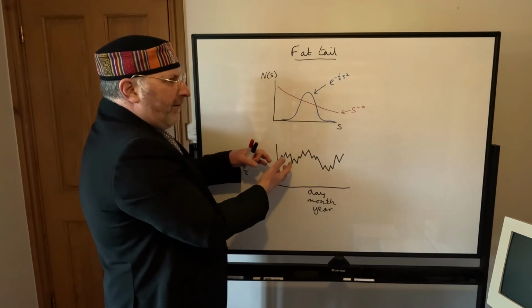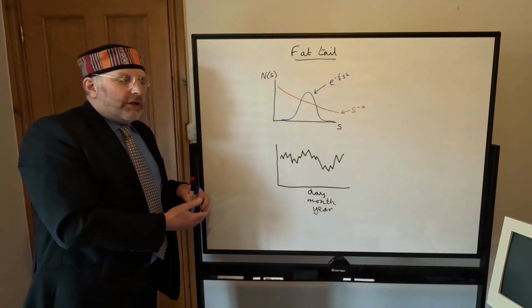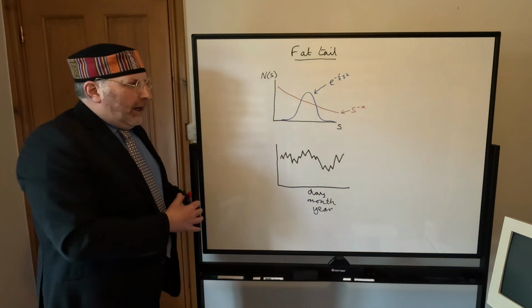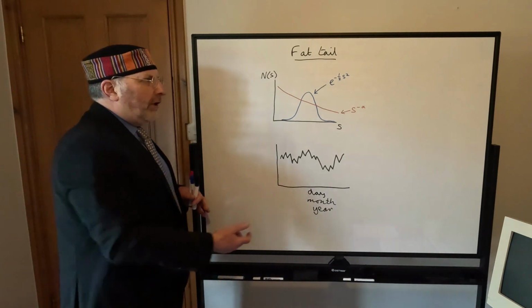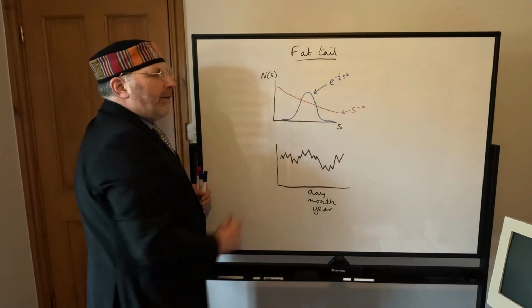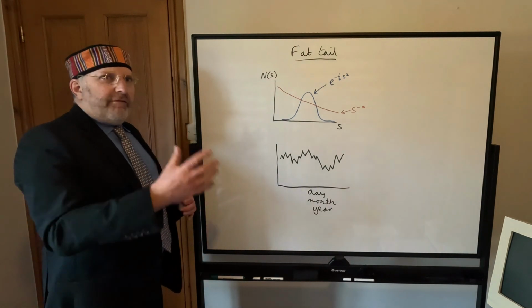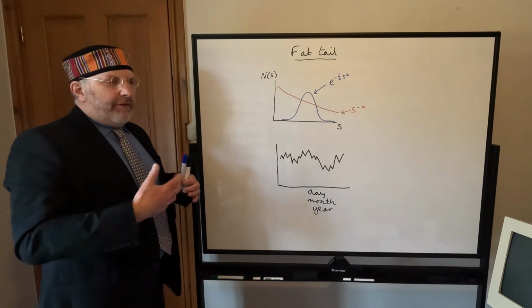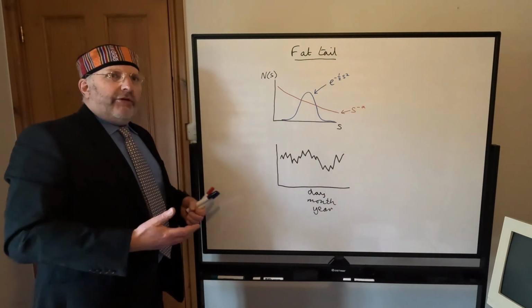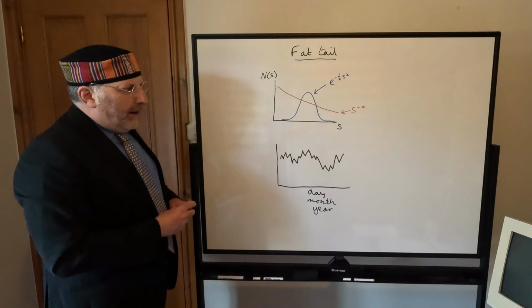So it means that very, very large fluctuations are still quite possible. And the models that people used for hedging against risk that assumed that they would remain within this narrow band were very vulnerable to the fact that actually the fluctuations could be much larger than their ways of handling risk had catered for.